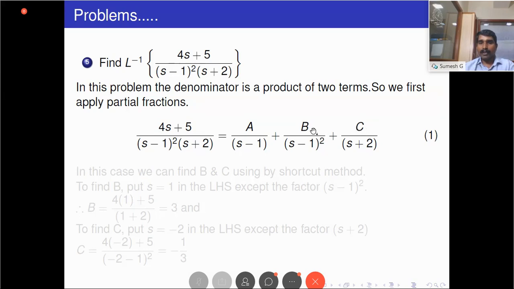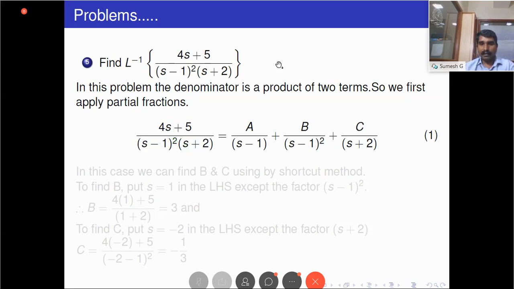To find b, we have to substitute s equal to 1 except the factor (s minus 1) whole square. So here we have to substitute s equal to 1, here also 1. So 9 by 3 gives 3.